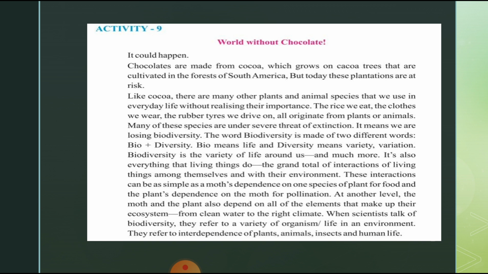We have discussed the moth for pollination, and all the organisms in the diverse biodiversity. They are a variety of organisms in the environment, all interdependent: plants, animals, insects, and human life.